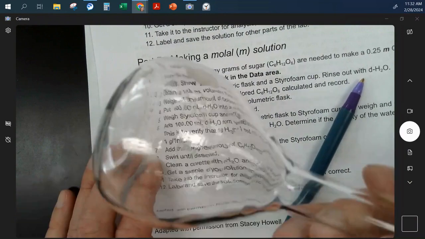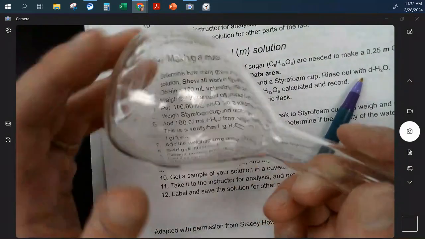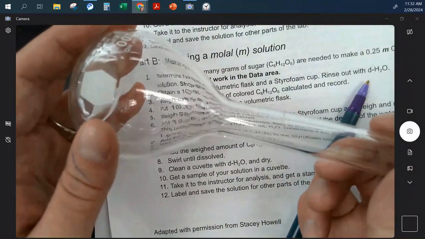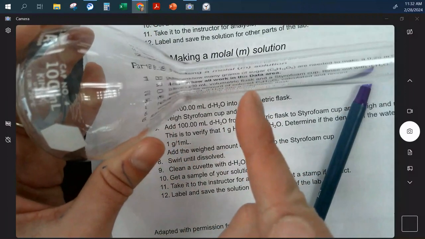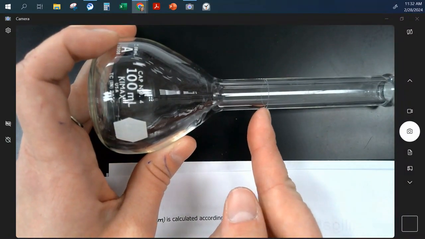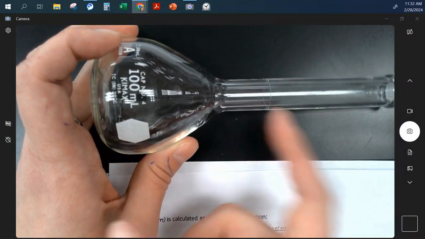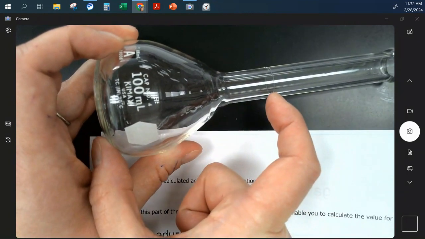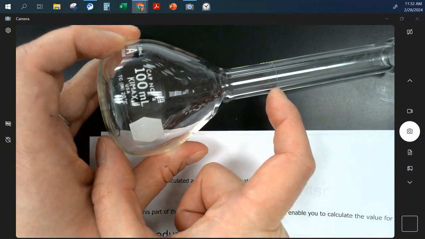You only have one, so you have to clean it out from the salt. So clean it out really good, and then you're gonna fill this whole thing with distilled water all the way to the line.